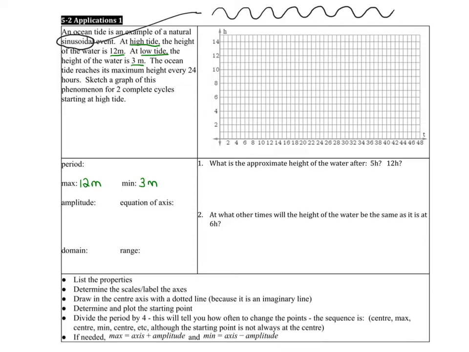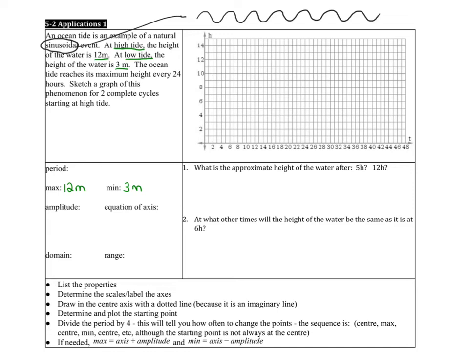So you might want to remember that the amplitude is the maximum, which is 12, minus the minimum, which is 3, divided by 2. Yes, 9 divided by 2, which is 4.5, and the units is meters.